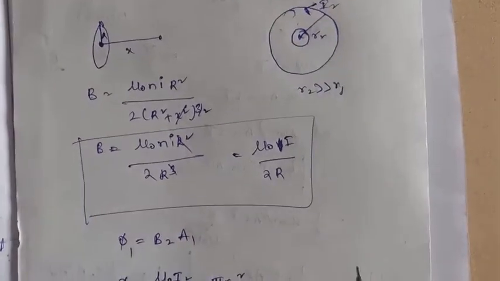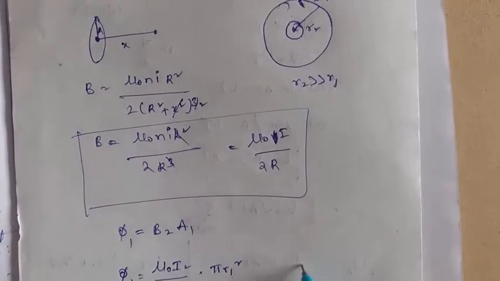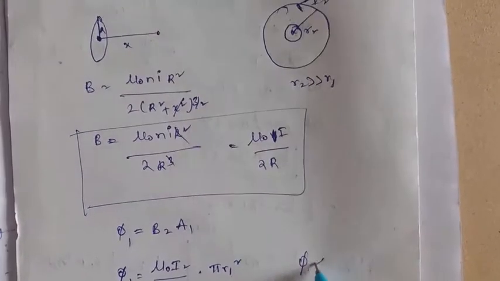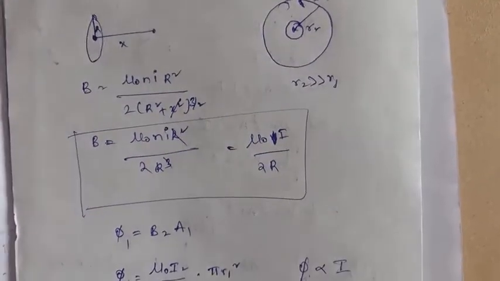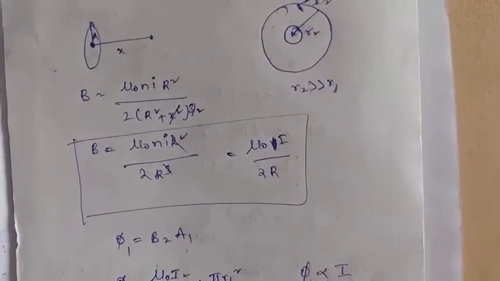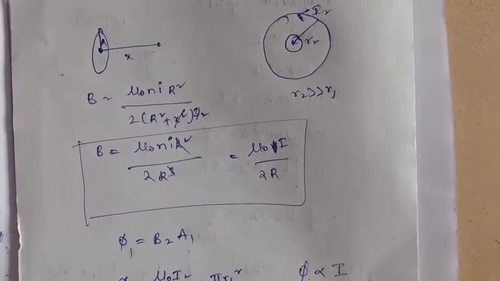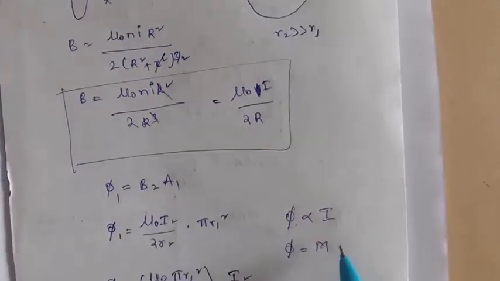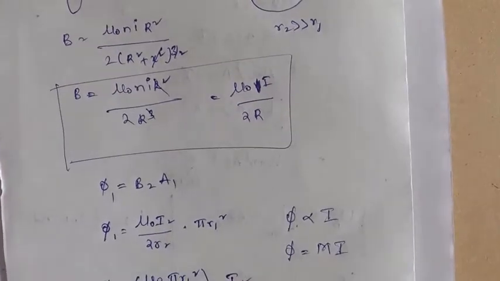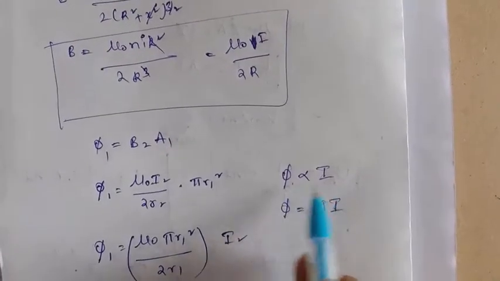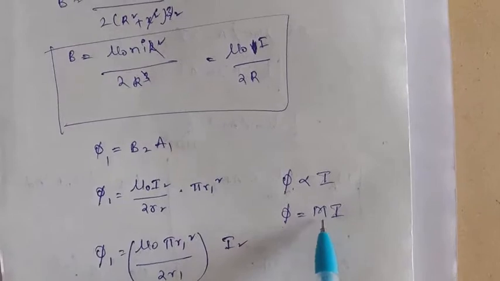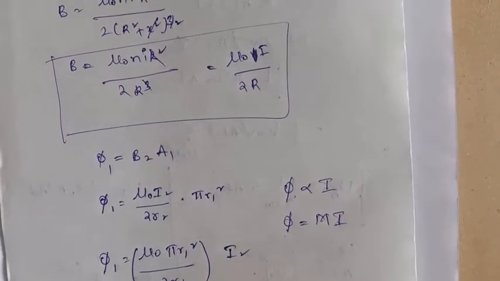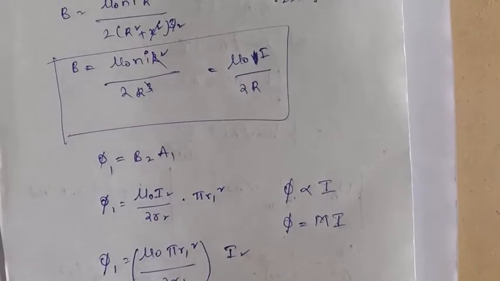But in case of self-inductance, phi is directly proportional to I, and phi is equal to L I. In case of mutual inductance, phi is equal to M I. So similarly, one coil due to another, phi1 is equal to M12 I2.